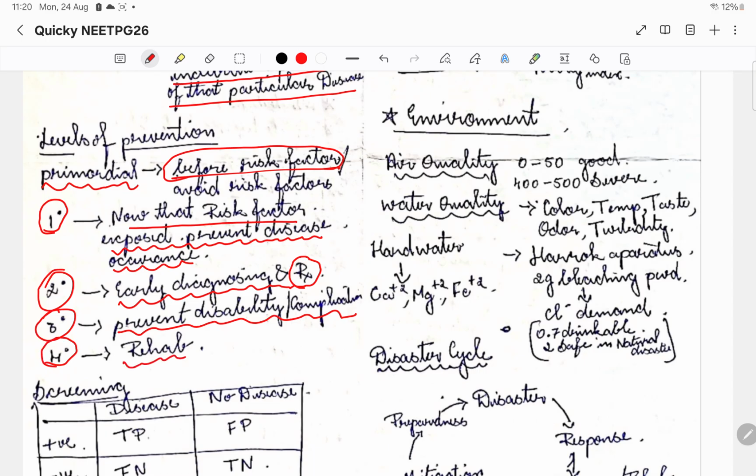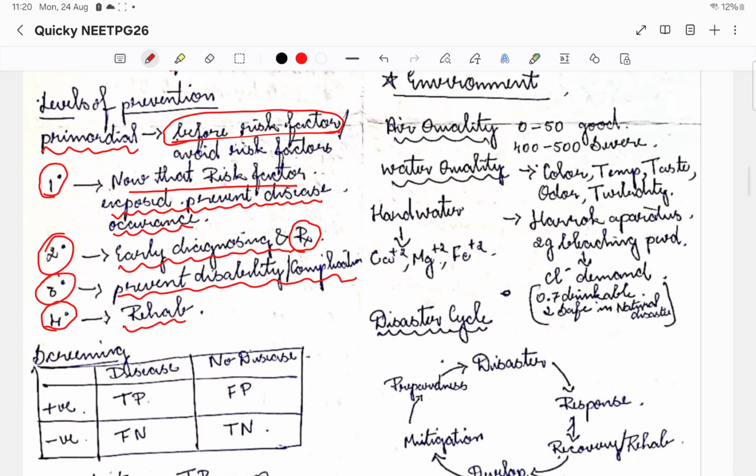Now the person has already developed a complication. For example, we were speaking with respect to smoking. First of all we told them not to smoke, that was primordial. Now we were smoking and we told them to reduce smoking. Then smoking had already developed arterial occlusion, so atherosclerotic plaque was developed. So he developed claudication. We tried to treat the claudication, but it complicated into gangrene.